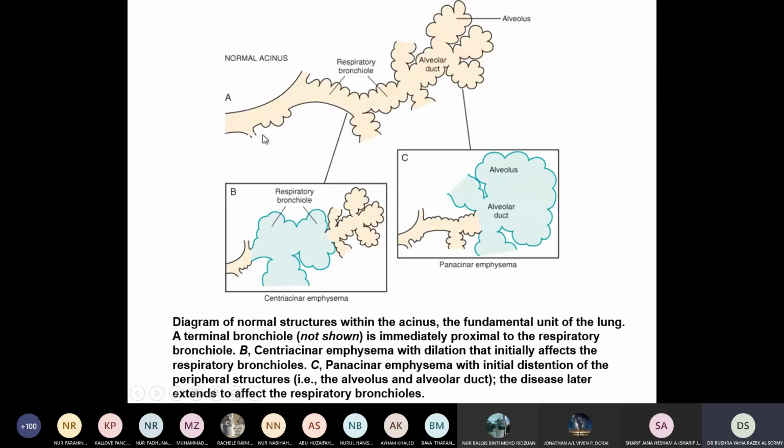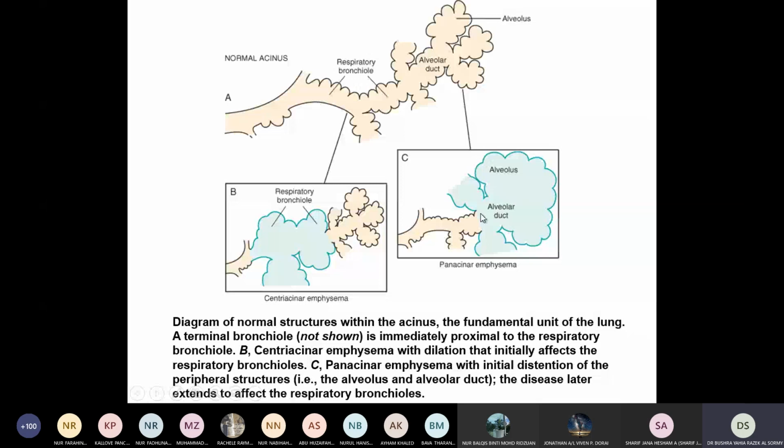So if we see here, this is the normal bronchi and alveoli, so this is the normal acinus. Okay. If we see panacinar, it actually involves the respiratory bronchiole. It actually starts in the alveolar wall and involves the respiratory bronchiole.